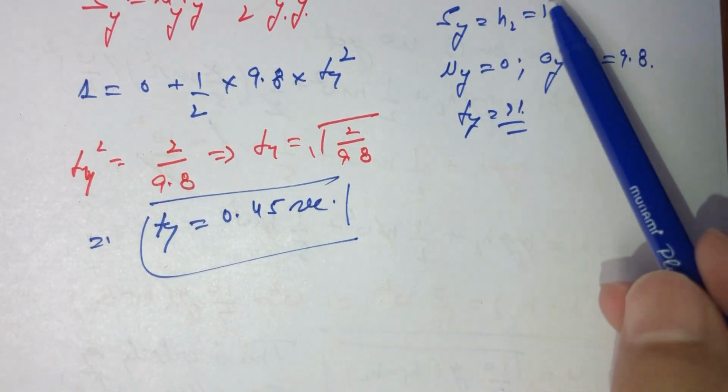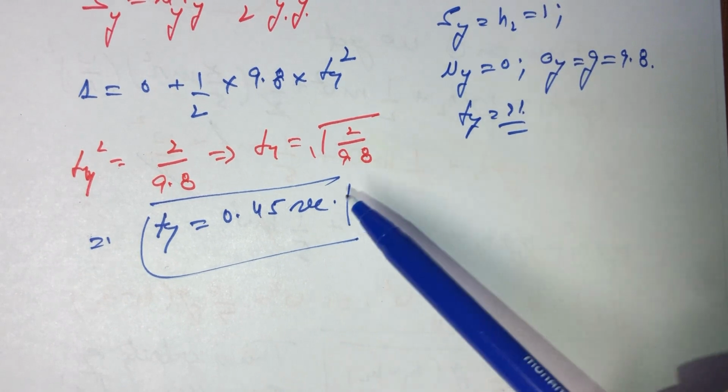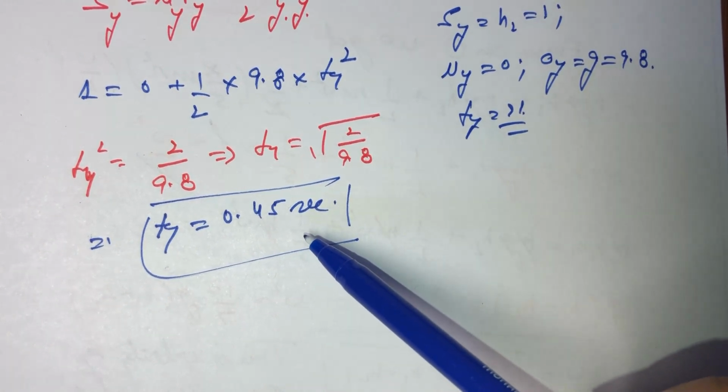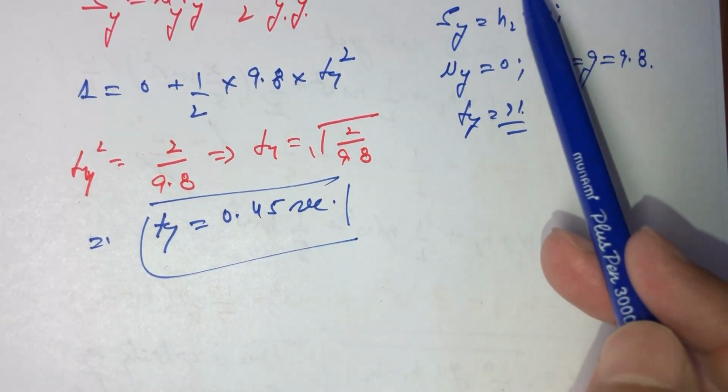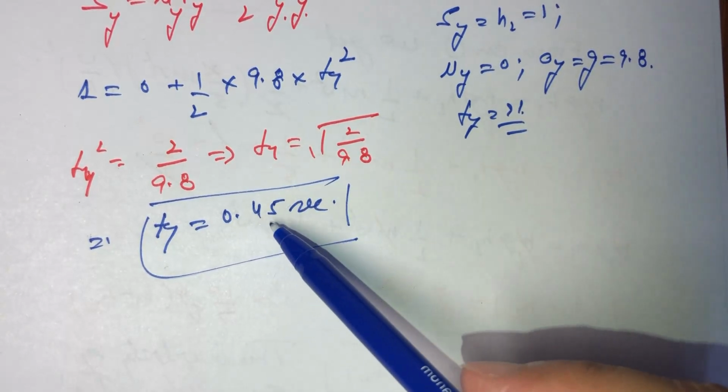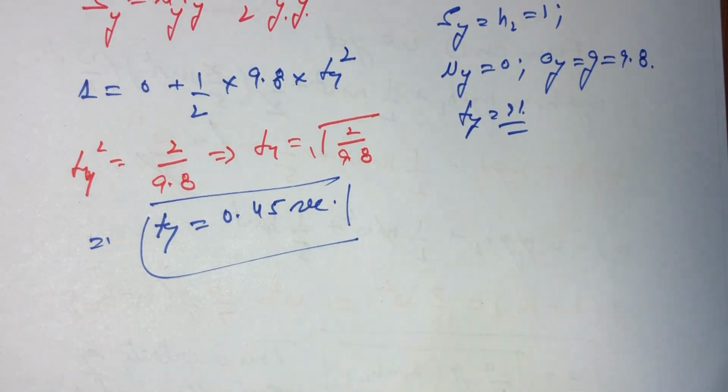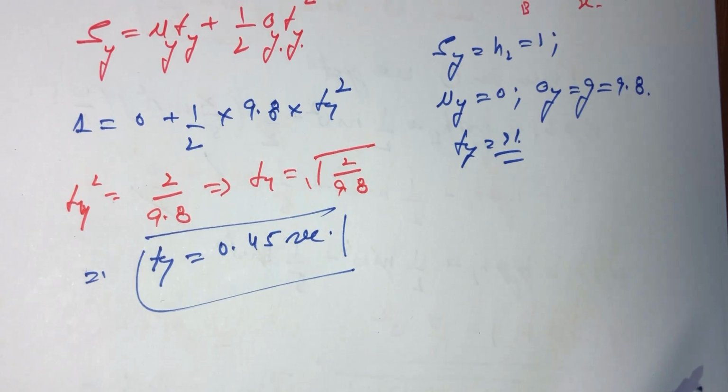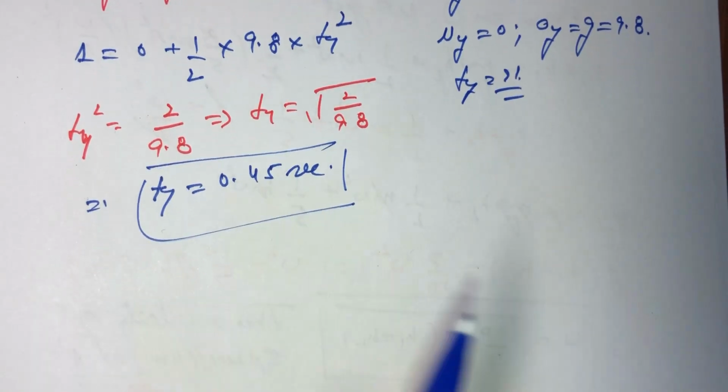So the vertical distance of 1 meter, that is h2, will be covered by the sphere in 0.45 second. Therefore this will also be the time in which the horizontal distance will be covered.